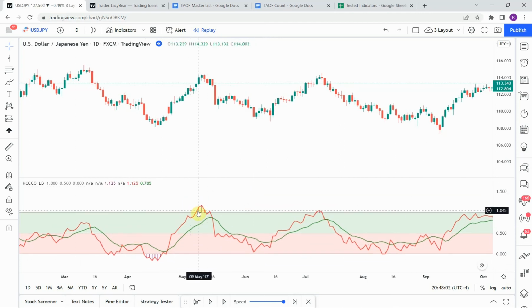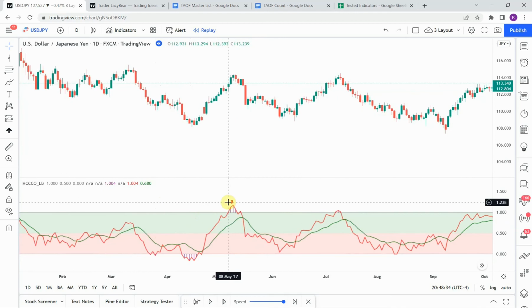And once we got the red line in the overbought or oversold position, we then looked for it to come back, well, not necessarily come back into the green or red, but what we looked for was the cross of the red line below the green or above the green, depending on whether it was in the overbought or oversold. If you're interested in watching more of how that one worked out, then visit our last video.